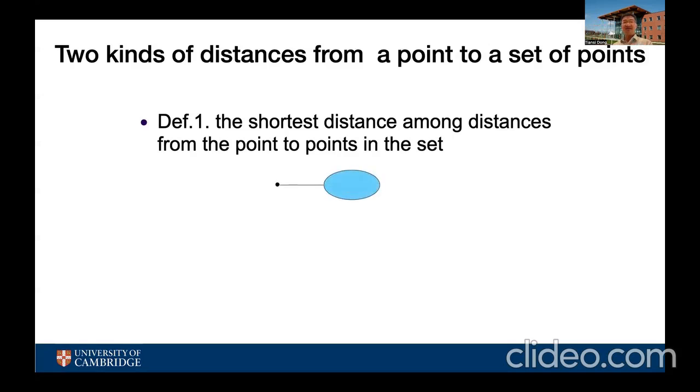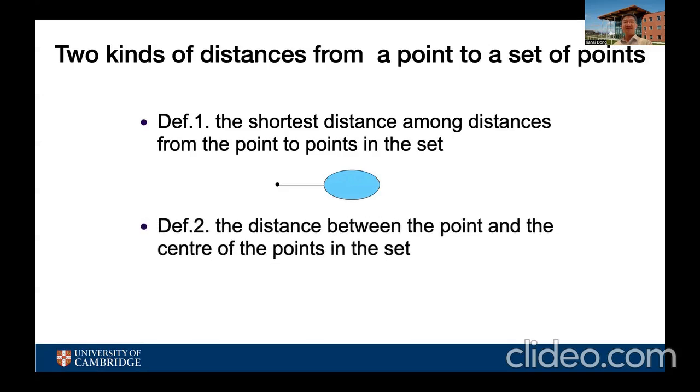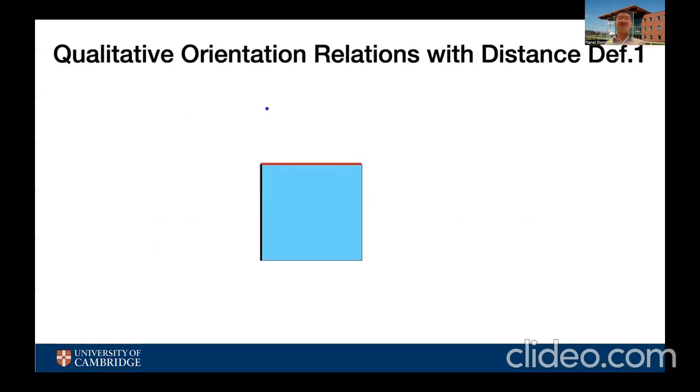The first is the shortest. The second chooses a representative location, say the center, like we do in physics. Using these two different distance definitions, we can define a variety of qualitative orientation frameworks in the literature. So let's go one by one.